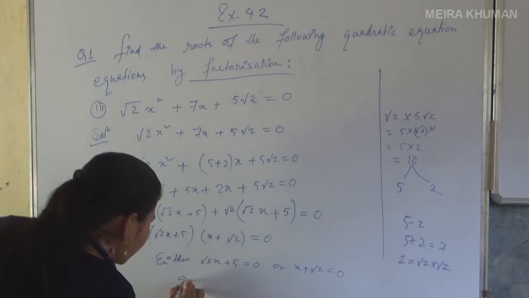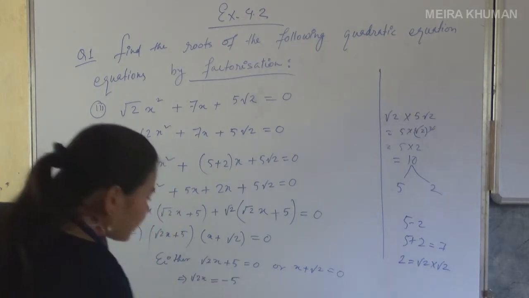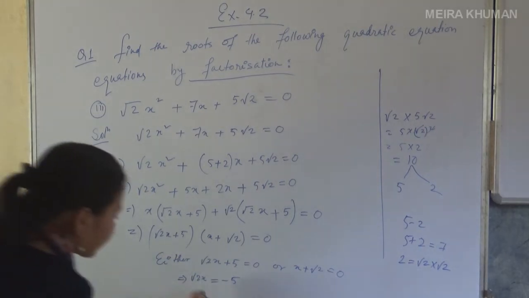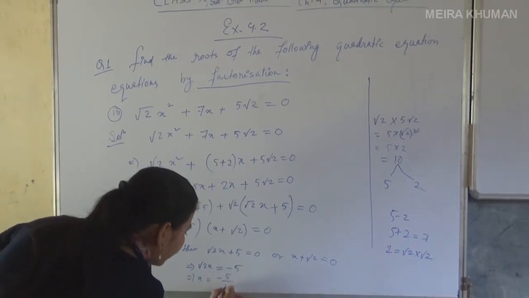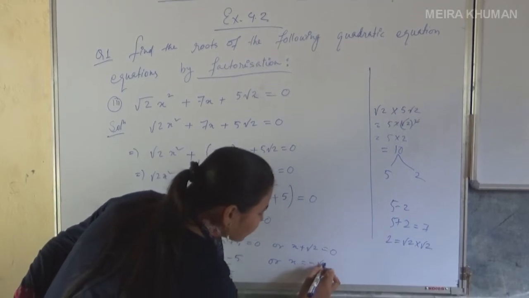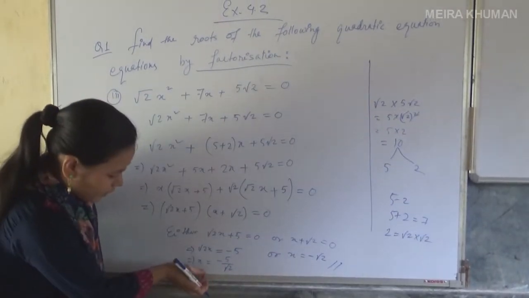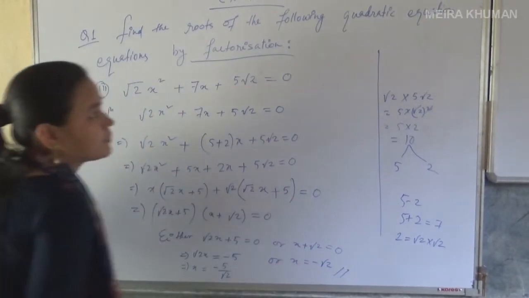So root 2 x equal to minus 5. See, this plus 5, if you transfer to the right hand side, it will change sign. x equal to minus 5 by root 2, or x equal to minus root 2. So that is your answer.